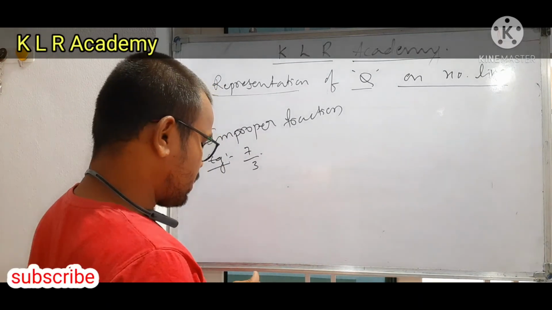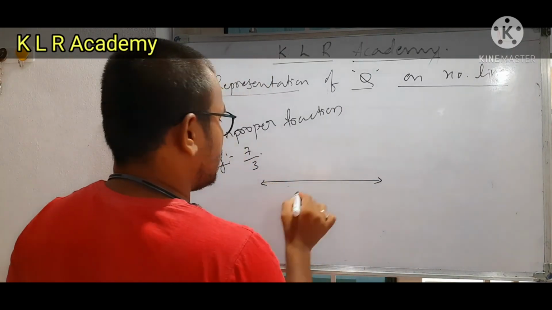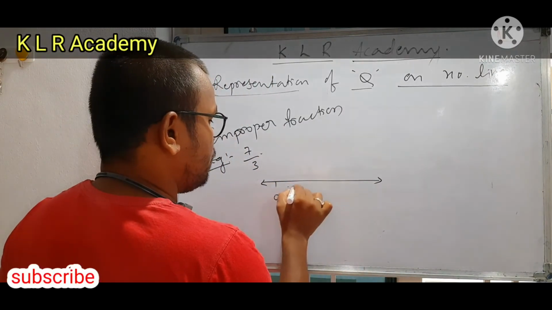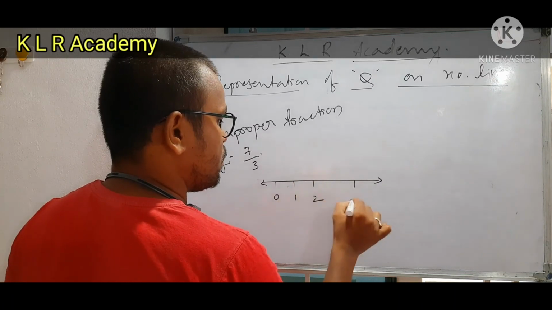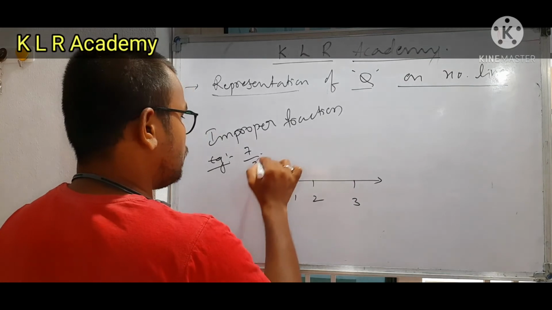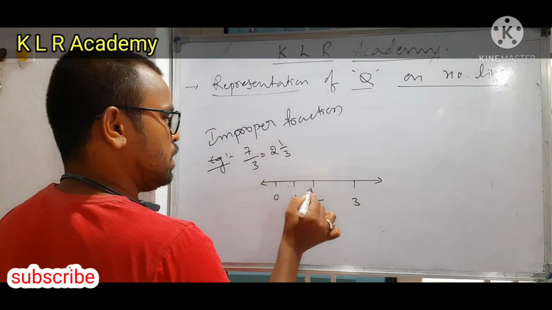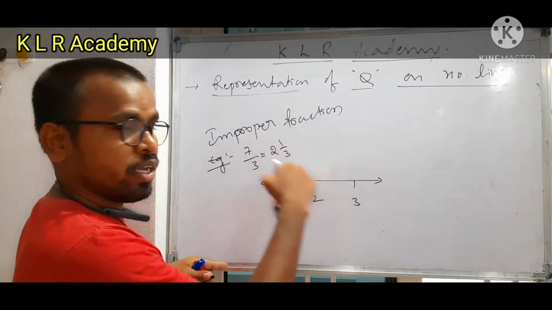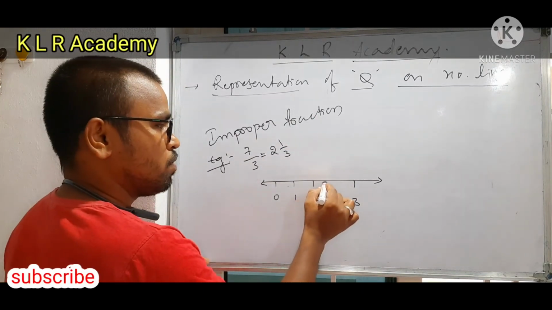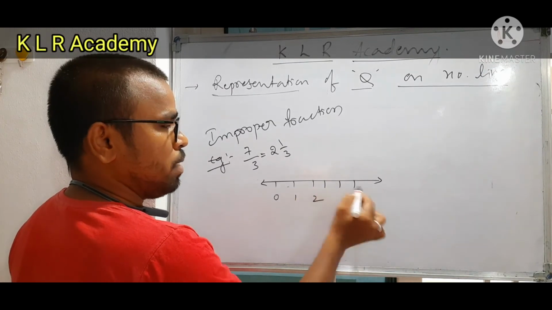What is the mixed fraction concept? Here is 0, 1, 2, 3. Write 7 by 3 as 2 and 1 by 3. After 2, you have to consider the 1 by 3 part. So this is the 3 parts divided.